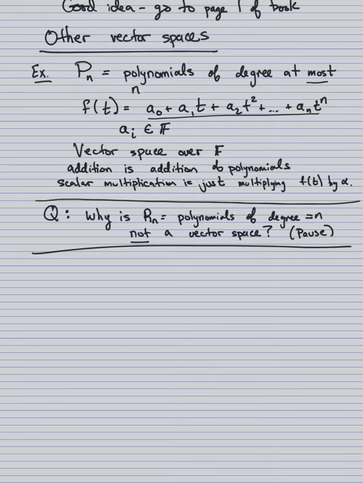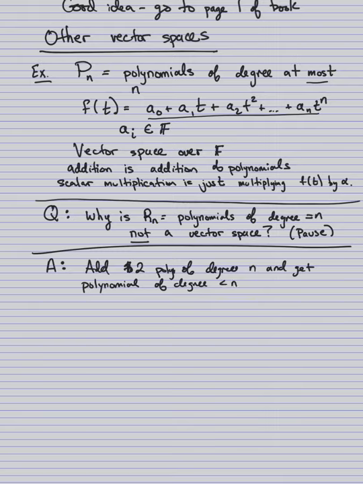Okay, so the answer is that you can add two polynomials of degree n and get a polynomial of degree less than n.